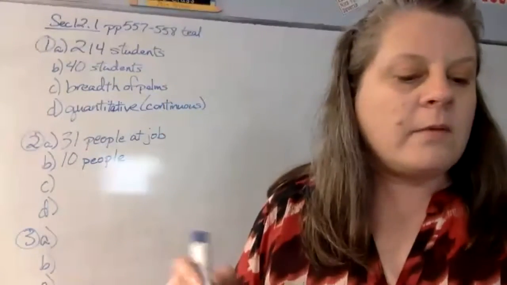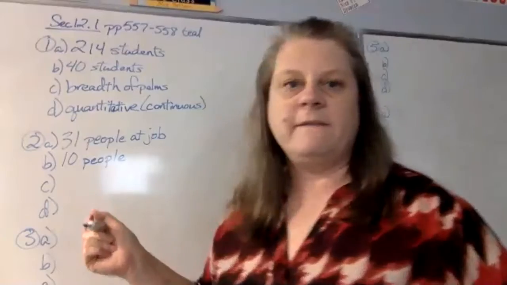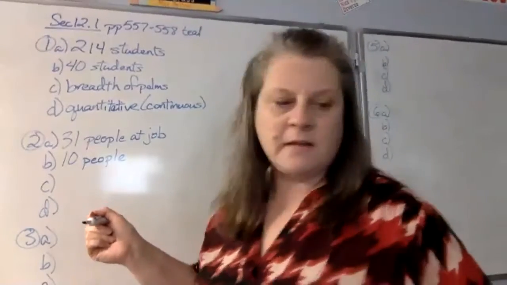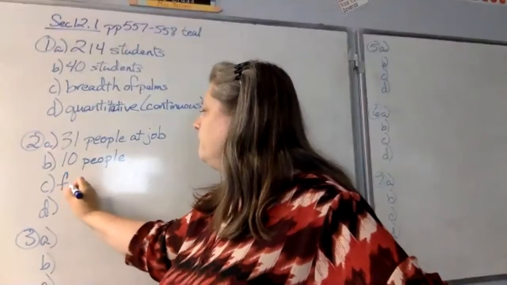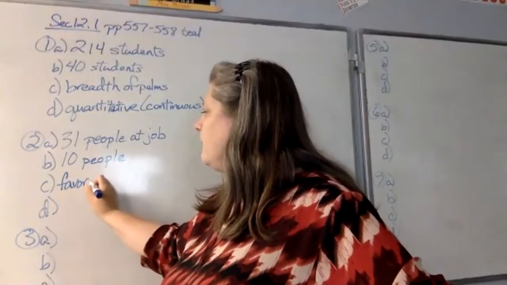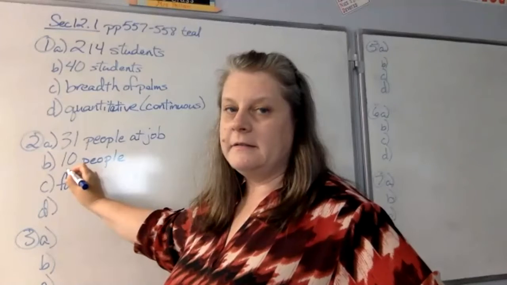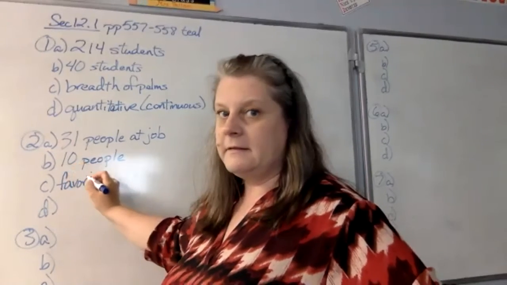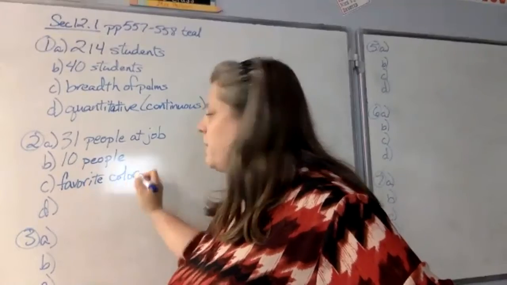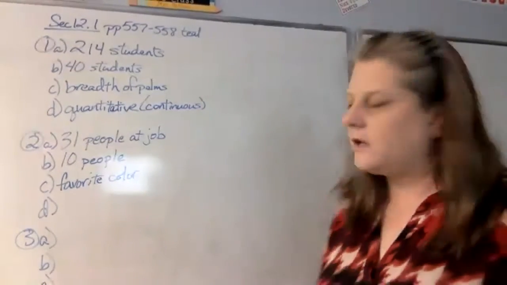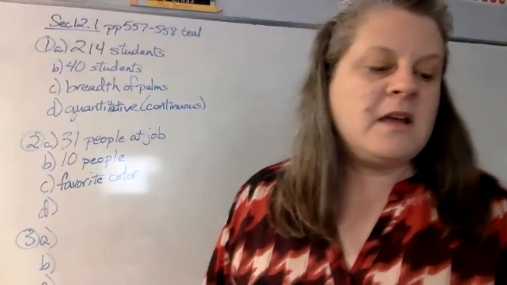Okay. What was she asking them? What'd she ask them about? Asking them about their favorite color. So that's the variable. That's what she was trying to find out. Okay.